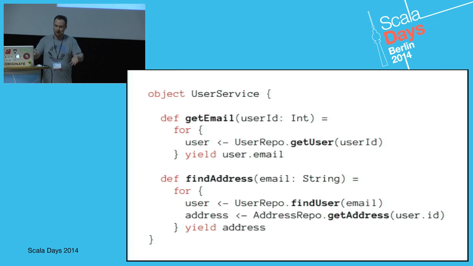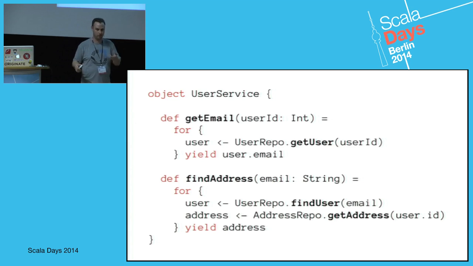These are defined in an object, and we can call these methods anytime we want, and we just get a reader at any layer of our application. The whole application is just defined in terms of these readers. We can just call the method to get a reader and then inject the environment to get what we want out of it.